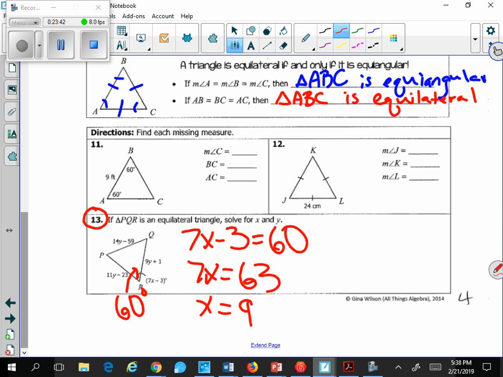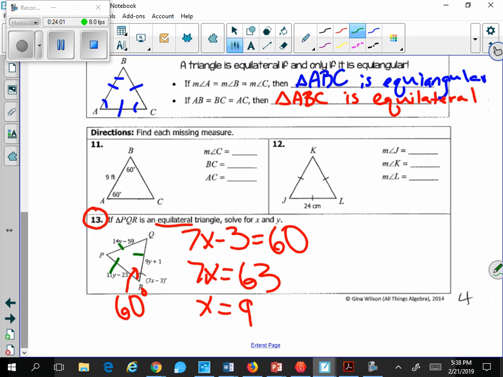The tricky part is the sides and finding out what y is, because they gave you more information than you actually need. So they told me, again, this is an equilateral triangle, so I know that all of these are equal to each other. I don't need all of those sides together. All I need are two of them.